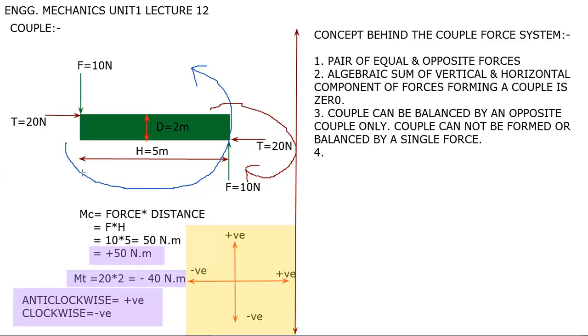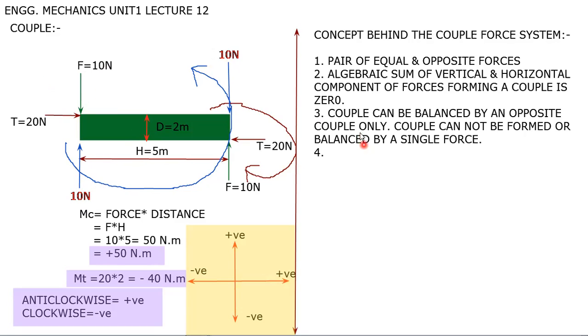So we will form an opposite couple like this. Now here we have formed the couple in the opposite direction, again with 10 Newton force here and 10 Newton force here. So this 10 Newton force and this 10 Newton force are balanced by this 10 Newton in the opposite direction and this 10 Newton in the opposite direction. I hope that you got this point.